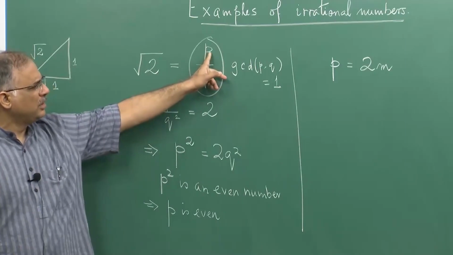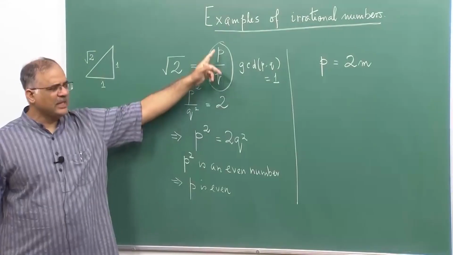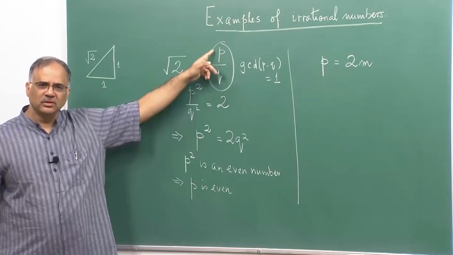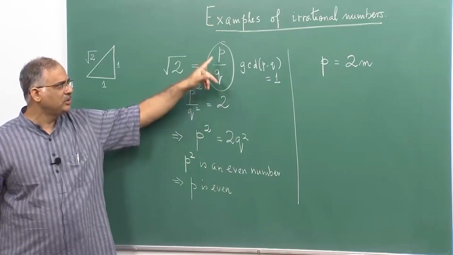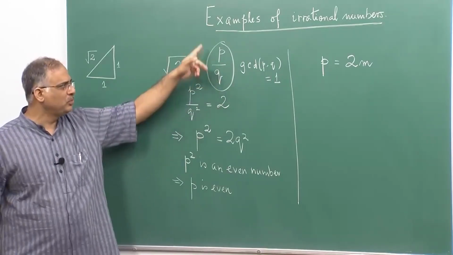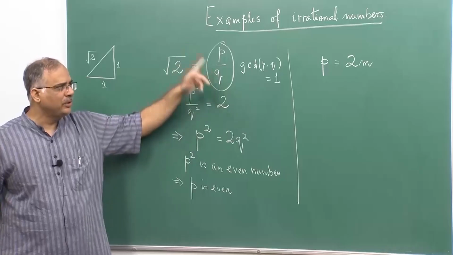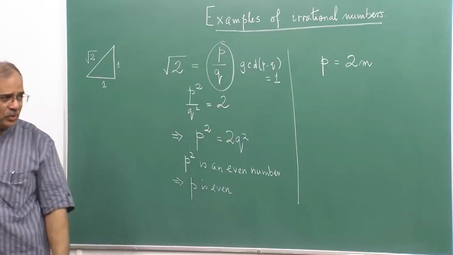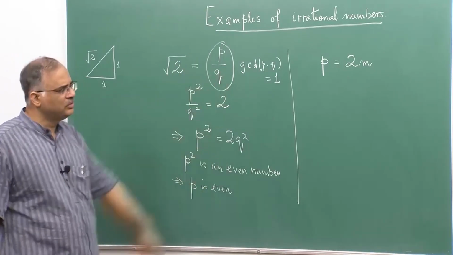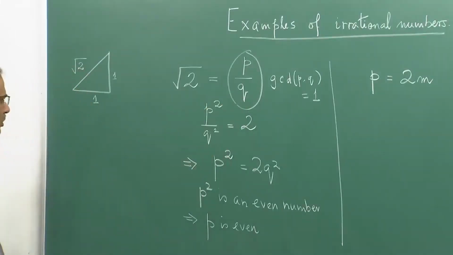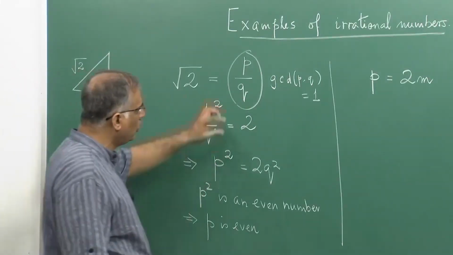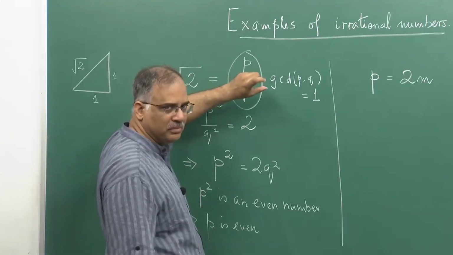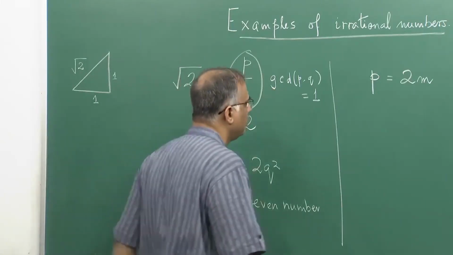You cannot make any further cancellations. It is not 2 by 4; we should never write 2 by 4, we should write it as half. It is called the most reduced form of a rational number. So, there is no common factor between them other than 1.